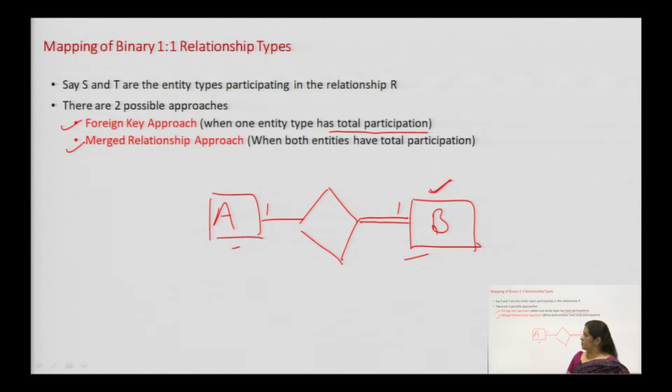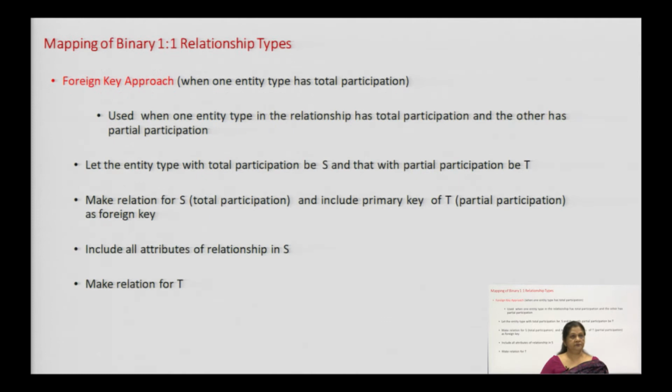Whereas a partial participation means that all the occurrences of A may or may not participate. So, we will use the foreign key approach when one of the participating entity types has a total participation, and we will use the merged relationship approach when both the participating entity types have the total participation.